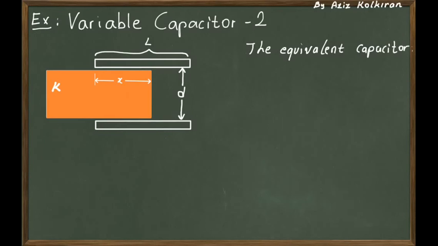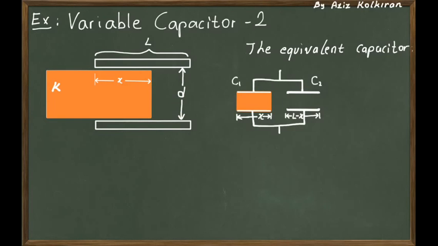Well, for this, just fix this distance x and then try to find an equivalent capacitor of this configuration. We already have solved a similar question: we can always divide this capacitor into two different capacitors. One is filled with a dielectric material which has the same thickness between the plates d, and the other is a capacitor which has no dielectric between the plates.